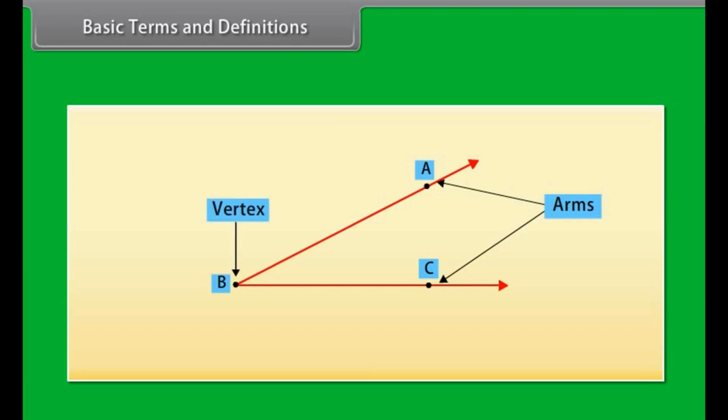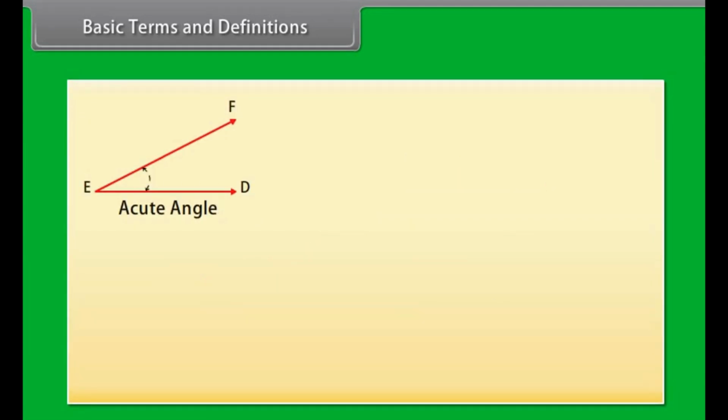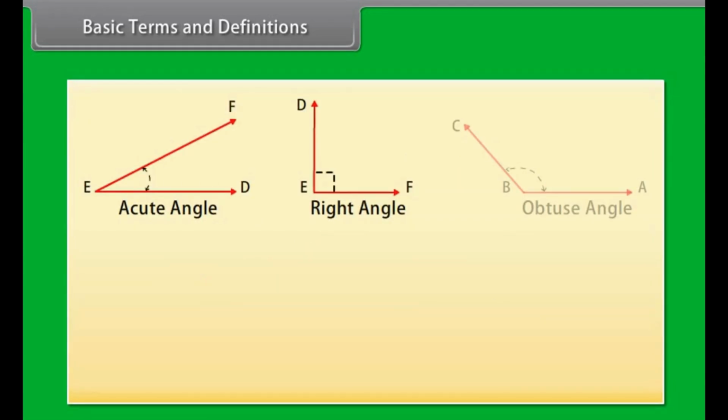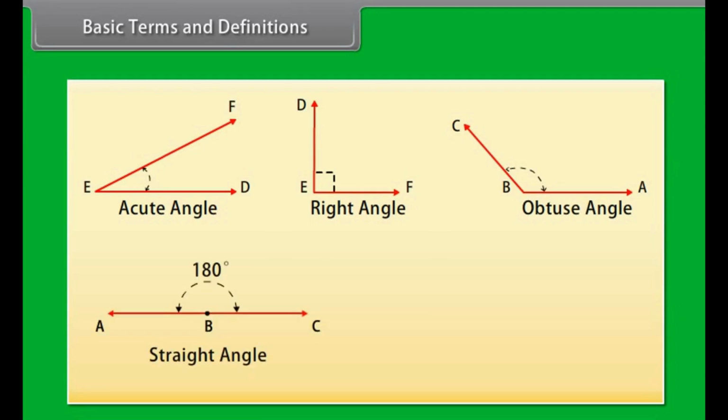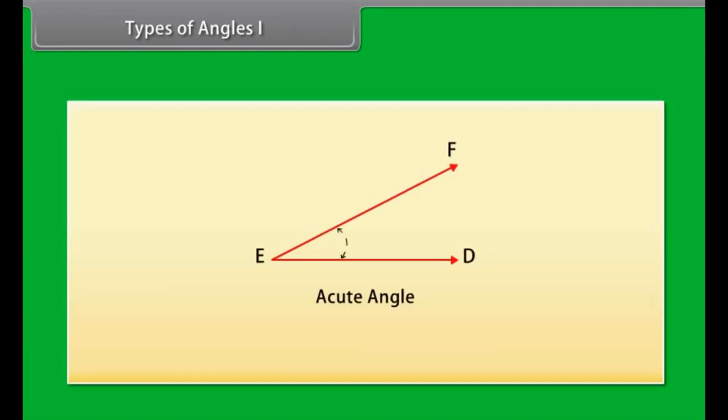We know about different types of angles like acute angle, right angle, obtuse angle, straight angle, and reflex angle. Let's go through them one by one. Types of angles. An acute angle measures between 0 degree and 90 degree.